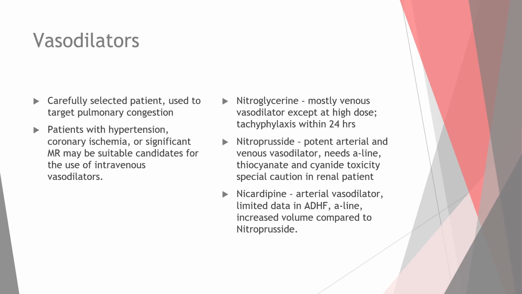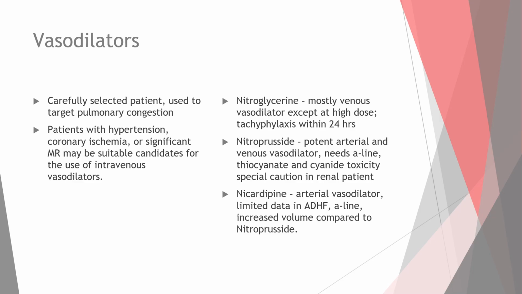Nitroglycerin is mostly a venous vasodilator except at high dose, and we usually refrain from it due to tachyphylaxis within 24 hours. Nitroprusside is an excellent drug, a potent arterial and venous vasodilator, however it needs an A-line, and excess amounts of it, especially in patients with renal dysfunction or acute kidney injury, can lead to cyanide toxicity.